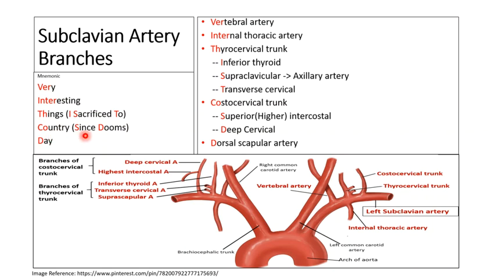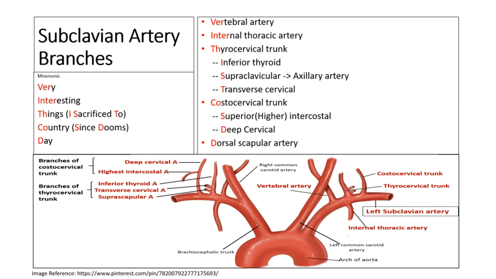In a similar way, the next one, costocervical trunk, has 2 further branches, which are superior or highest intercostal, and then deep cervical. And the same way you have dorsal, which is represented by the D in "doomsday" here. So again, very interesting things I sacrifice to country since doomsday.